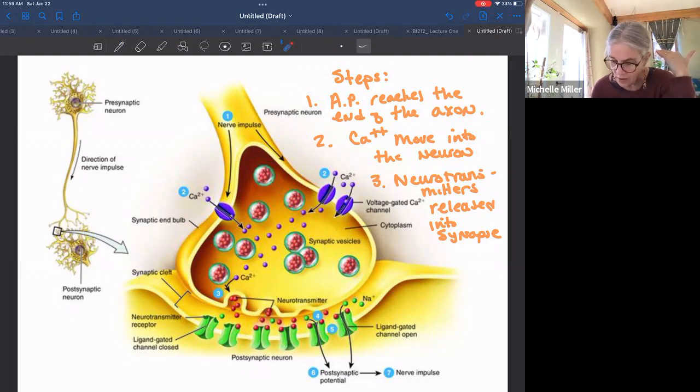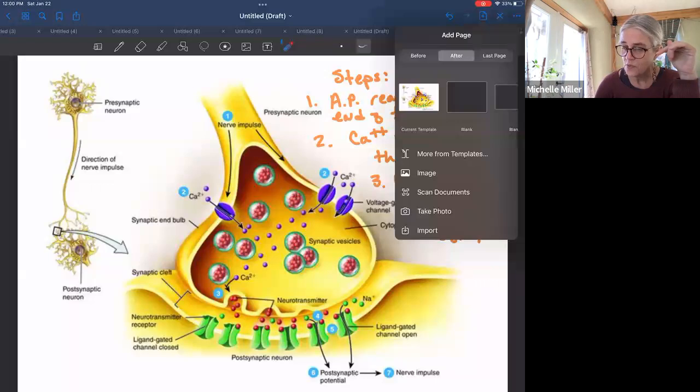They diffuse across, and here you can see they're binding to these sodium ion channels. So the binding of the neurotransmitter can change the membrane potential of the postsynaptic neuron.